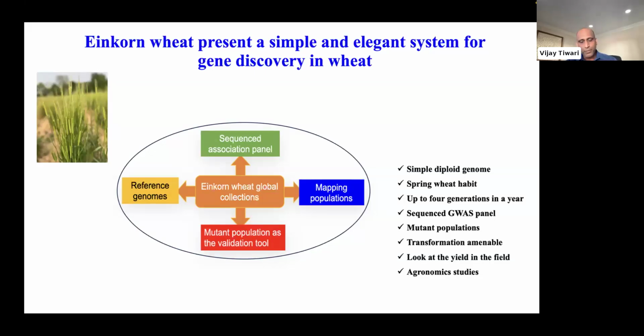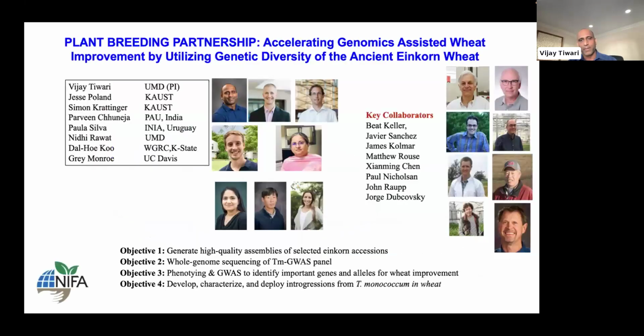And Juan de Bernardi and George at UC Davis have also shown that transformation can be done in diploid A genome wheat, and you can look at the yield and economic components of this crop in field conditions, which is not feasible for Tauschii, and maybe for speltoides, because you cannot bring the grains back without shattering. So all these traits make einkorn wheat an elegant system to perform gene discovery.